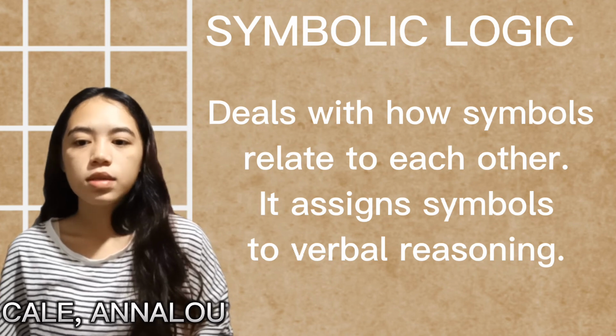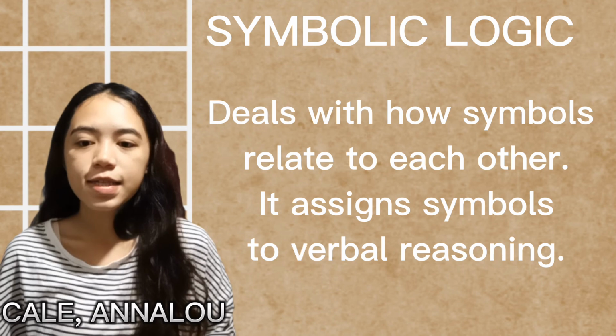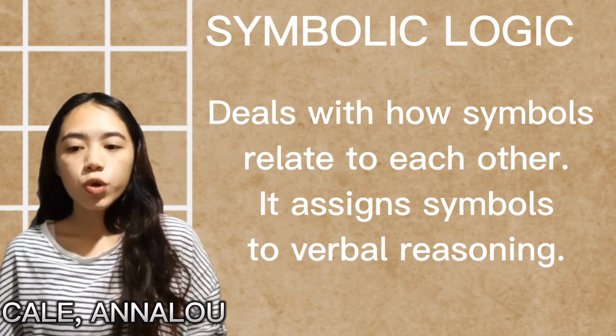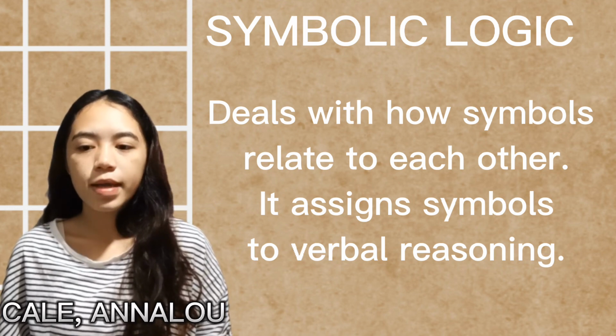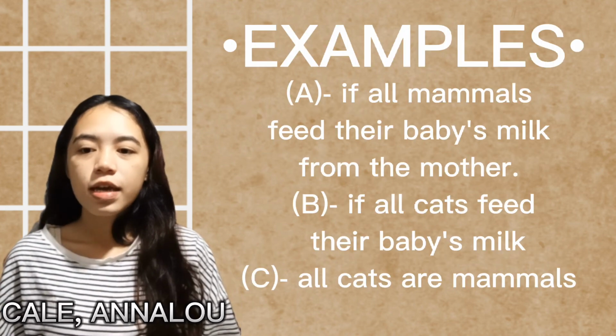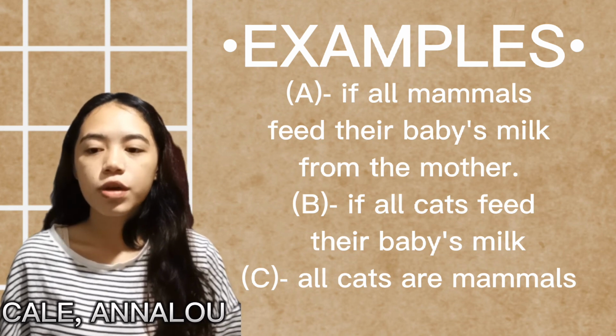And the next example is symbolic logic, which deals with how symbols relate to each other. It assigns symbols to verbal reasoning in order to be able to check the veracity of a statement through a mathematical process. Example, proposition A, all mammals feed their babies milk from the mother.